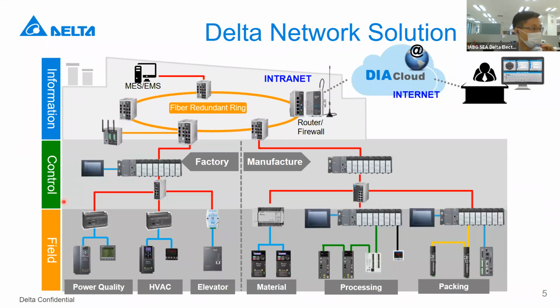For the network solutions, we mostly focus on the control and information layers. We do have a lot of Ethernet switches in these 2 layers, and sometimes we also require a redundant network, so we have to use the ring redundant system. Okay, so this is a typical overview for the network system.